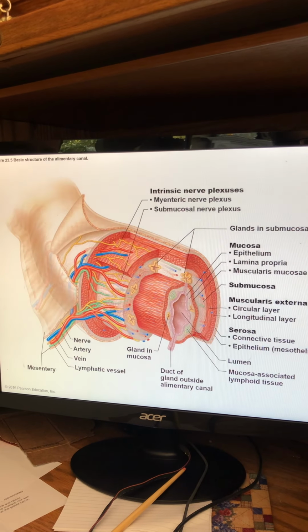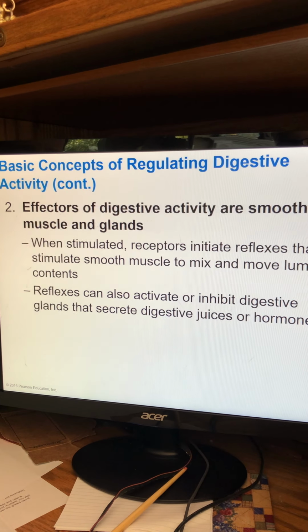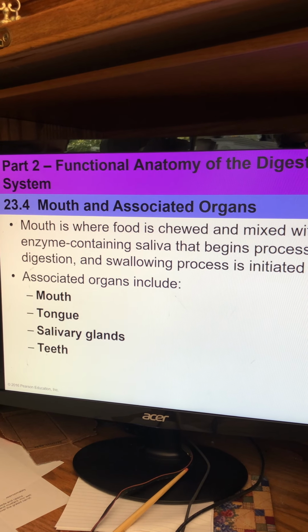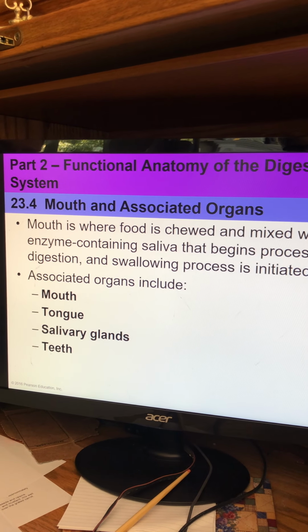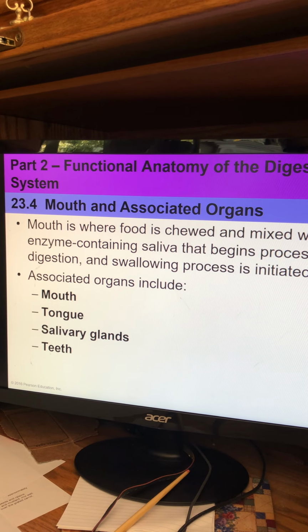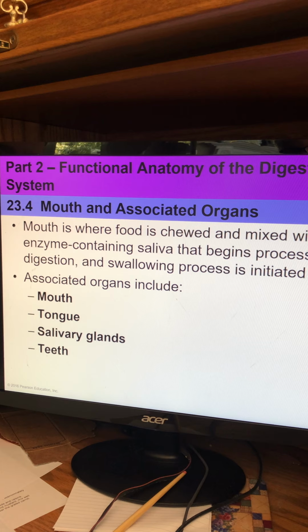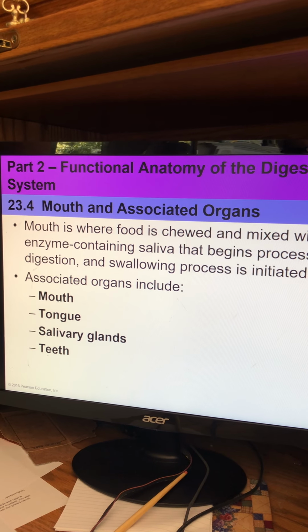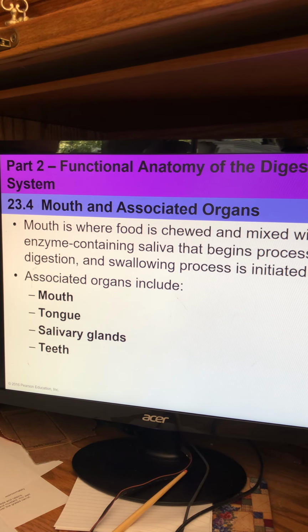So the easiest way to do this is just kind of go over where it starts. So the mouth and the associated organs are going to be involved with the process of digestion of food. So the associated organs up in the mouth area are going to be the tongue, the salivary glands, and the teeth, and they're all kind of like all of the parts in the respiratory system.